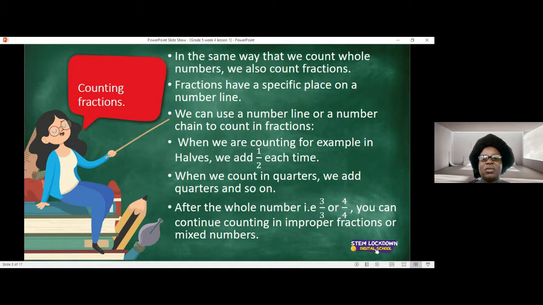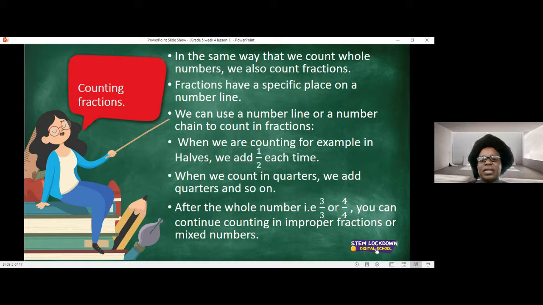So after the whole number, that is 3/3 or 4/3, you can continue counting in improper fractions, or you can count in mixed numbers. What do I mean by this statement? I'll read the statement again. After the whole number, remember we said a whole number is when the denominator and the numerator are the same. So our whole numbers start from 2/2, which is 2 halves, or 3/3, 4/4, 5/5 going forward.